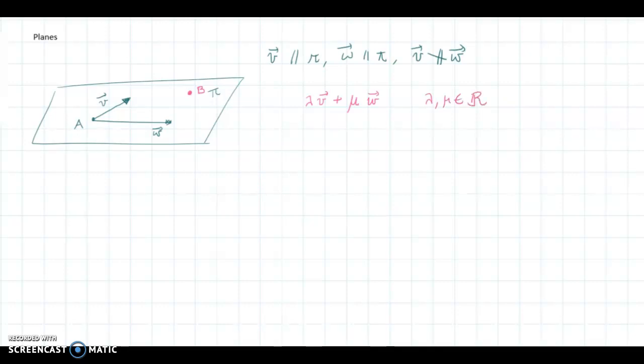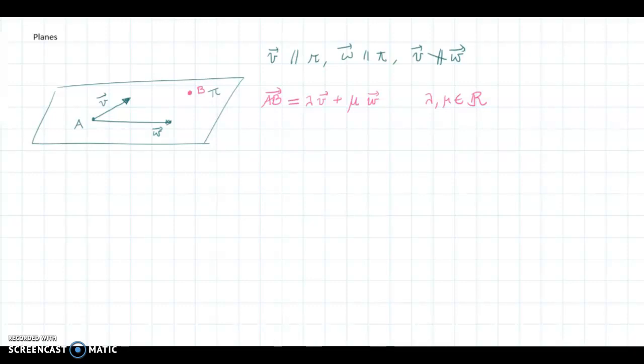This says that we can write the vector AB as a linear combination of V and W. So my vector with starting point A and endpoint B can be written in this form.